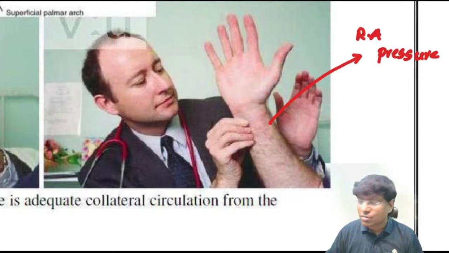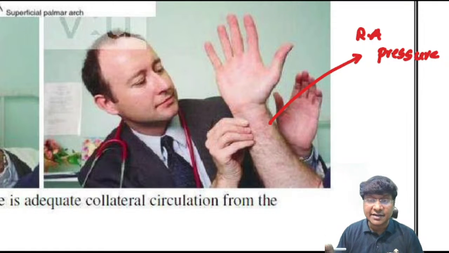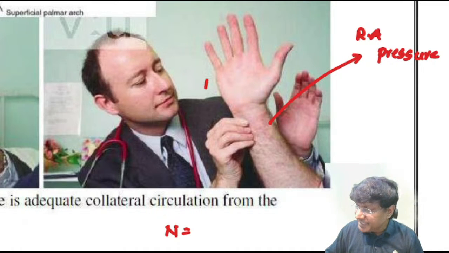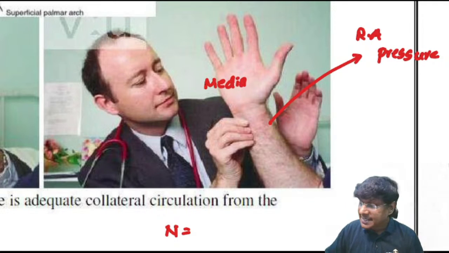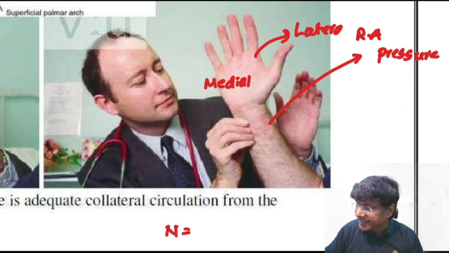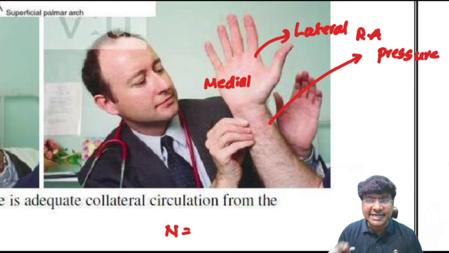Once you release the radial artery pressure, what should happen in a normal individual? The medial half also should become red, and the lateral half also should become red.